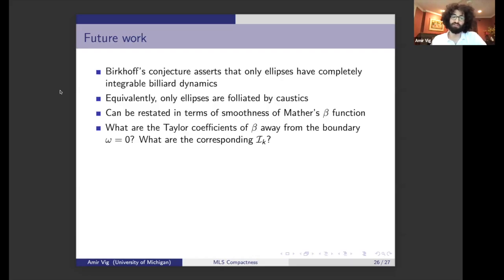A natural next question is to study what the Taylor coefficients of beta are away from the boundary, or correspondingly, what the invariants IK are. We found an expansion near 0, which is the nearly glancing orbits, but in our Cantor set of rotation numbers, we can define, at least in the sense of Borel, a Taylor expansion at any accumulation point in that Cantor set. And those coefficients might actually be more useful. I think the same algorithm should work.